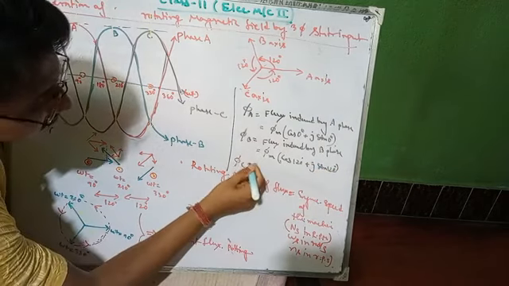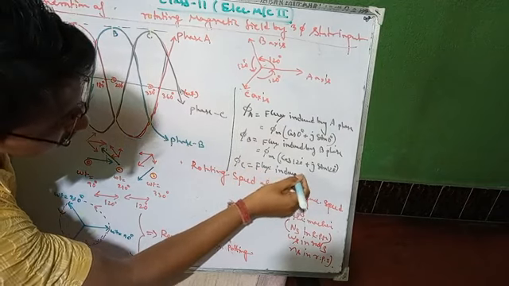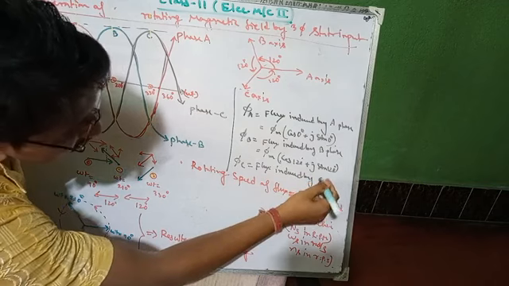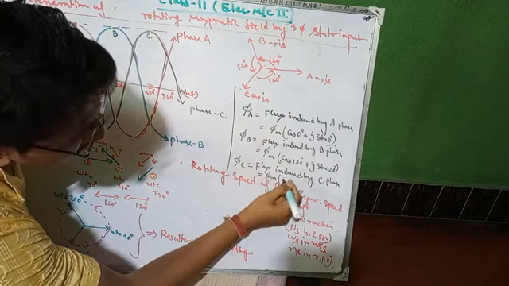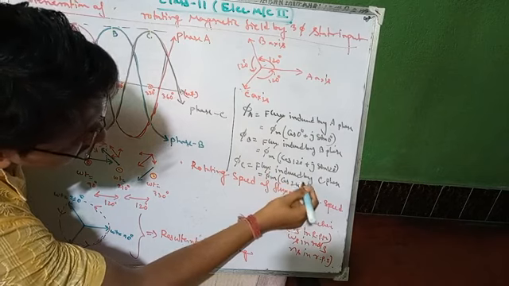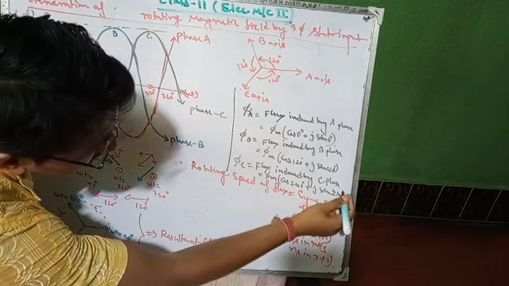And phi of C equals the flux induced by C phase, which equals phi M cos 240 degree plus j sine 240 degree.